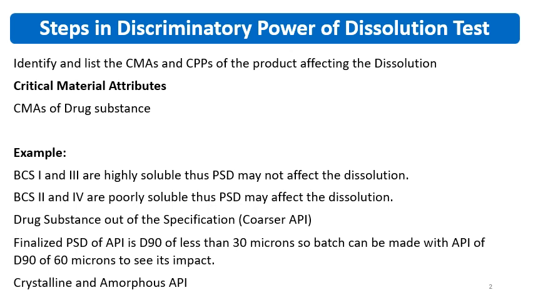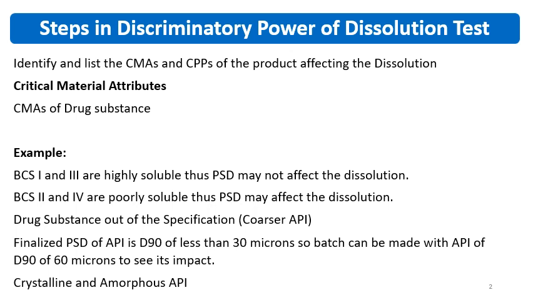So take the batch with API of D90 of 60 micron and see its impact on the dissolution. And if you get the discrimination, or if you fail the specification, then you can say that the dissolution test is discriminatory. It has the power to discriminate the batches made with out of specification PSD of API.